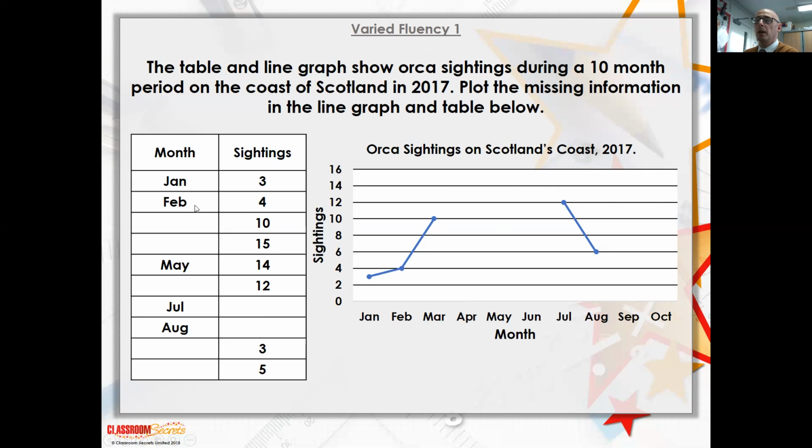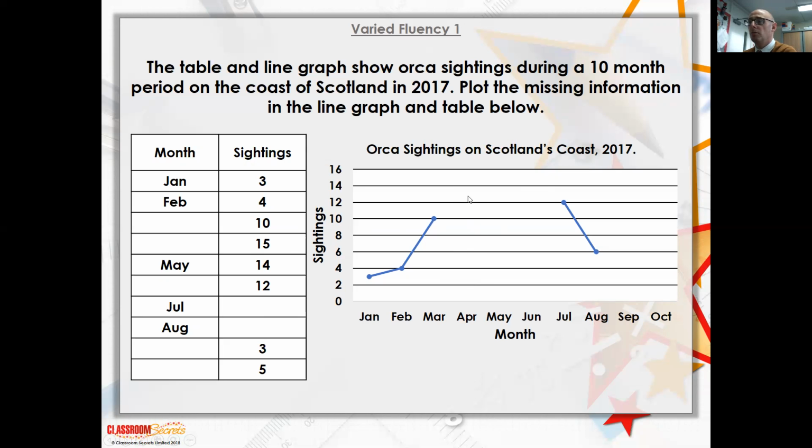This one, for example, here, January, February, March. So this must be March's data here, and it's saying it's at 10. Well, this one seems to be done, doesn't it? March, if I follow up, there, 10 is shown. The next one's 15. Well, the next month is April, isn't it? So if I'm going to go along to April, I'm going to read up and I'm going to stop where 15 is. And I know they're going up in twos.